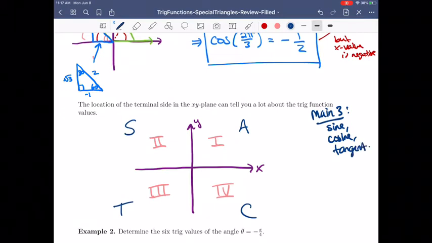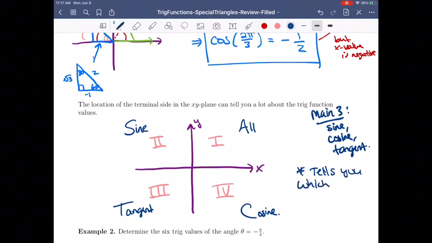In the first quadrant, they're all positive. In the second quadrant, only sine is positive. In the third quadrant, it's only tangent that's positive. And in the fourth quadrant, it's only cosine that's positive. So this tells you which of the main three are positive.